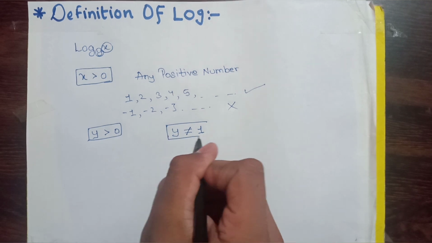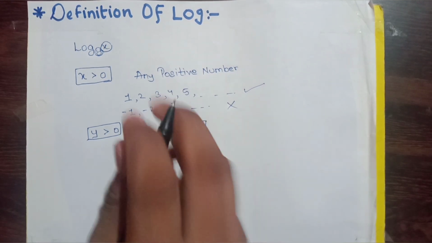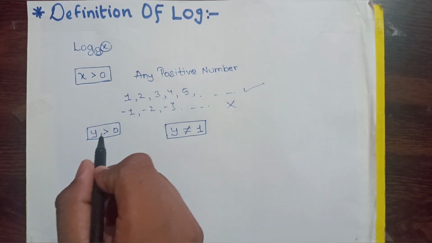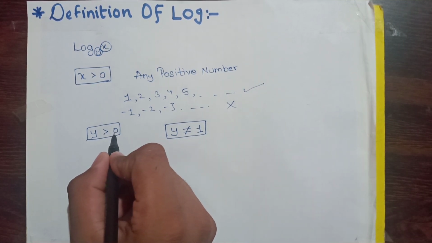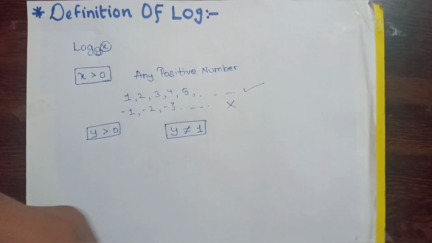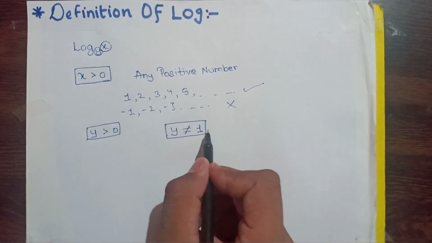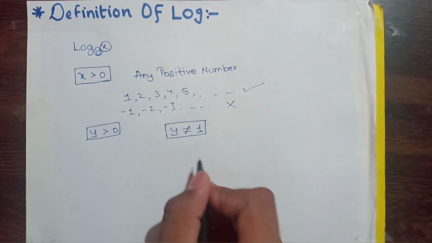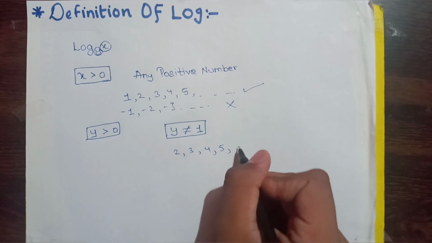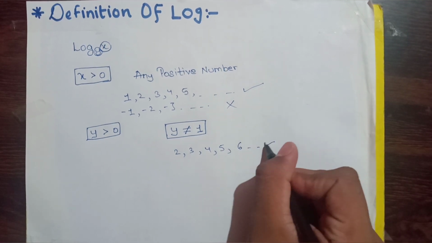Since it's given that y is bigger than 0, leaving out all the negative numbers, 0 and 1, it can be any number, say 2, 3, 4, 5, 6 and so on till infinity.